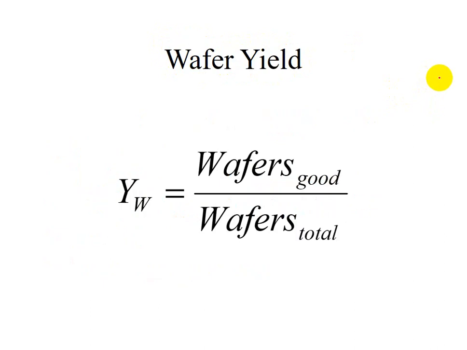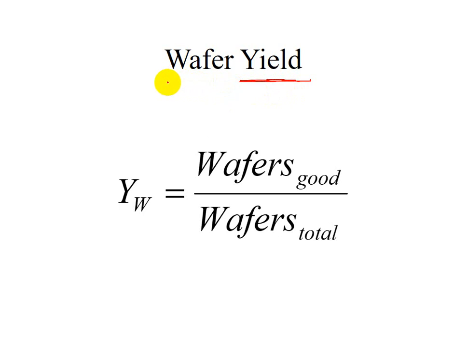Over here, let's look at what called so-called wafer yield. We define the so-called yield. Yield over here divided into three categories. The first is so-called wafer yield.